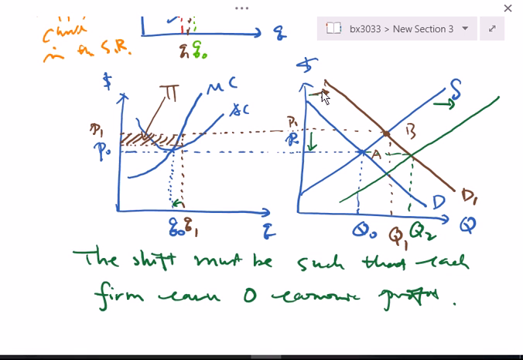You can also, as an exercise, analyze a supply side shock, say there's a new technology such that the cost of production goes down. What's going to happen? Or there's an oil shock that increases the cost of production. What's going to happen? So make sure you practice by yourself.